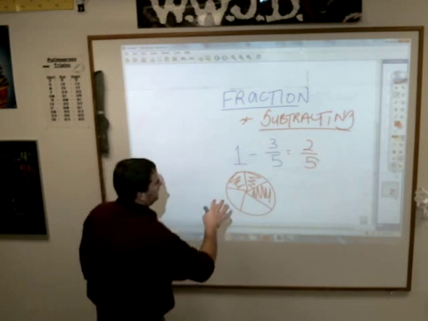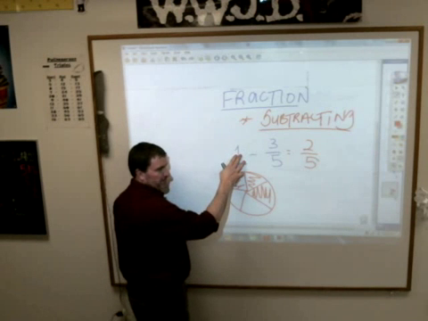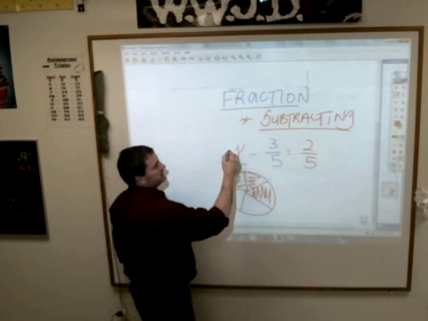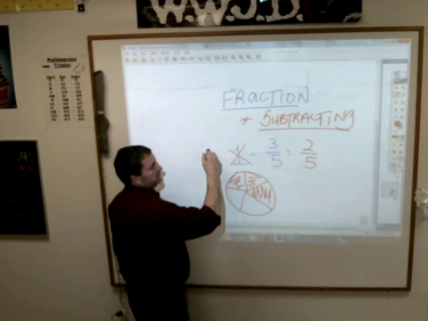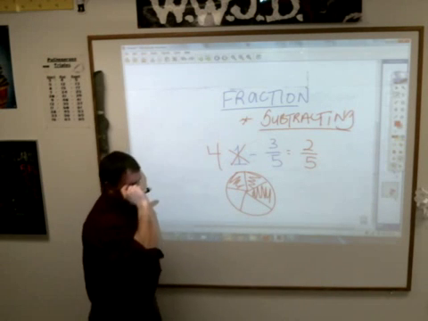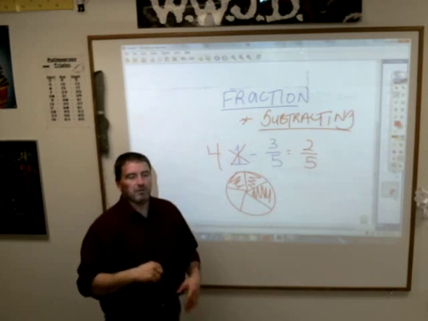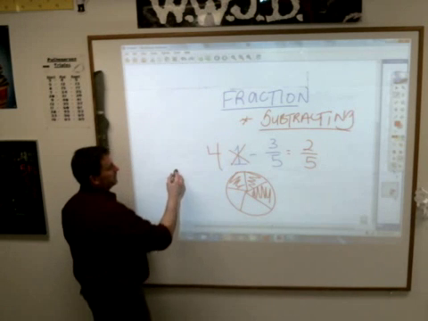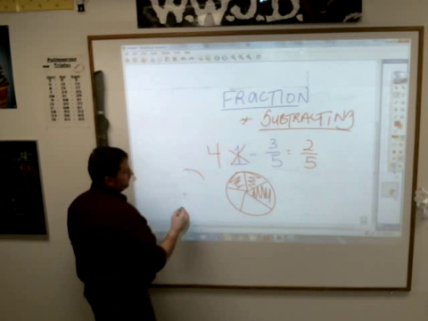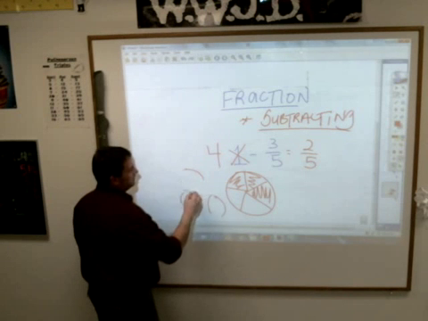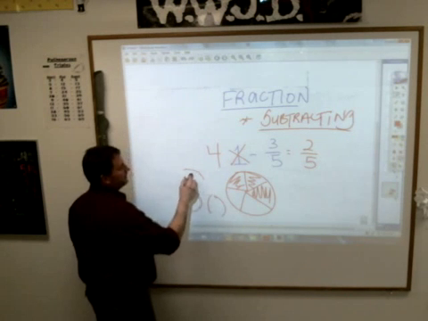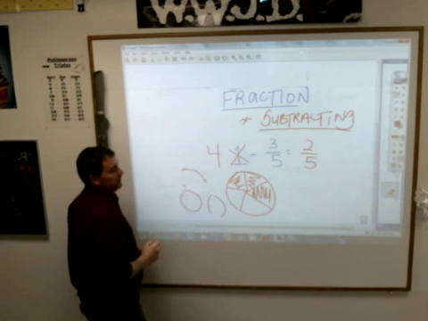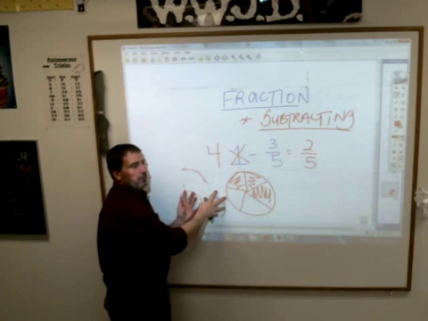Today, you're going to make this a number besides 1. In other words, what if this was 4 minus 3/5? Which would mean instead of starting with 1 circle, I am starting with 4 of them. You're still going to end up getting that same fraction there, except you have to remember you started with 4.